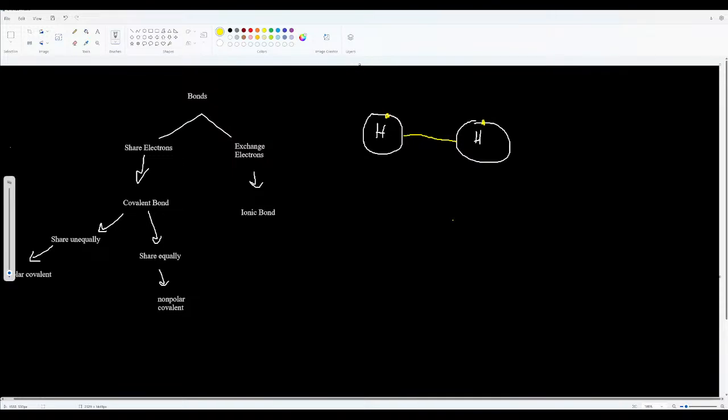Bam, they share. That's exactly how it happens. So let's draw it like this. We have one hydrogen atom with one electron here, and then we have another hydrogen atom with one on the other side.